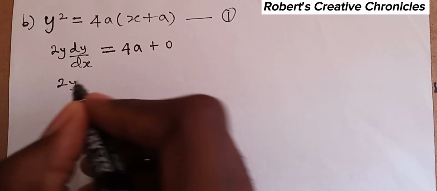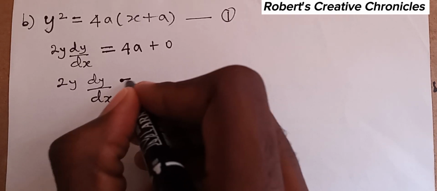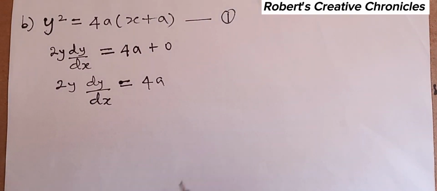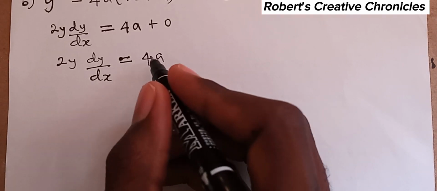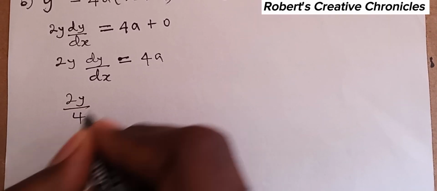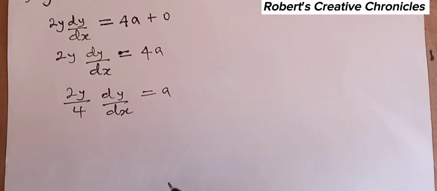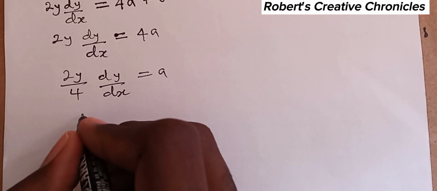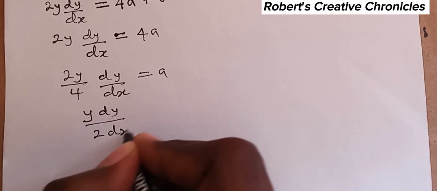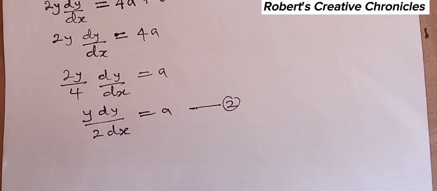So 2y dy/dx equals 4a. Now let's express a as the subject of the formula. We'll bring this 4 here, so it will become 2y dy/dx over 4, that is y dy over 2dx, equals a. So this becomes our second equation.